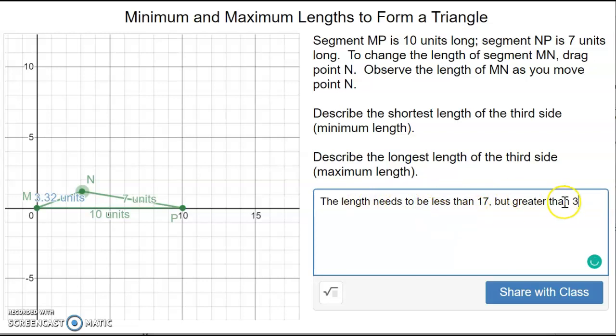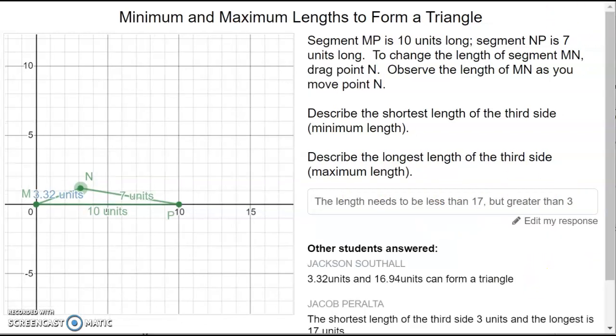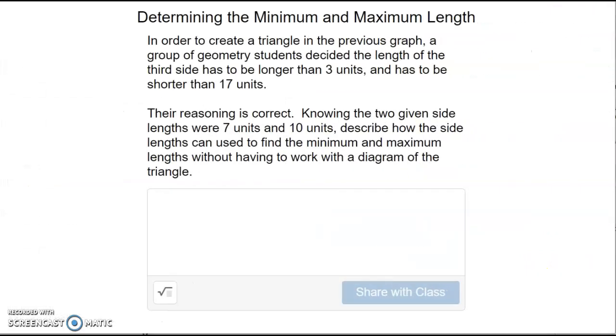Now, how did the numbers come about? You can go to the next slide: in order to create a triangle of the previous graph, a group of geometry students decide the length of the third side has to be longer than 3 units and shorter than 17 units, which is what we discovered.